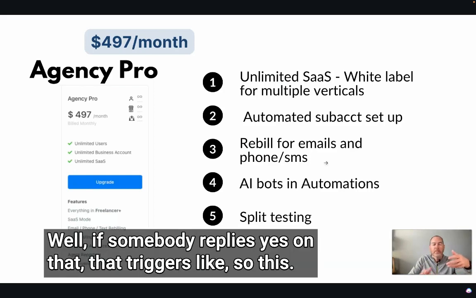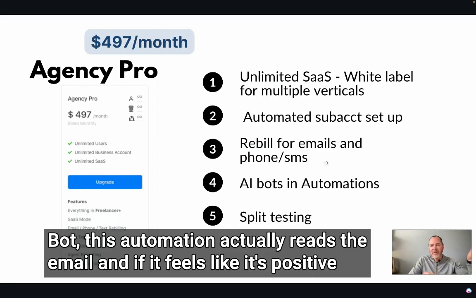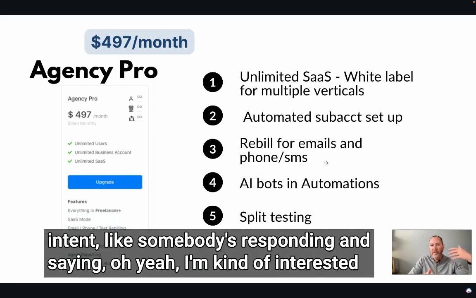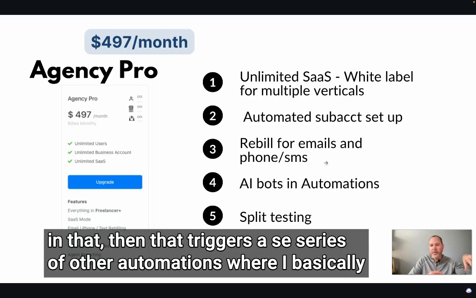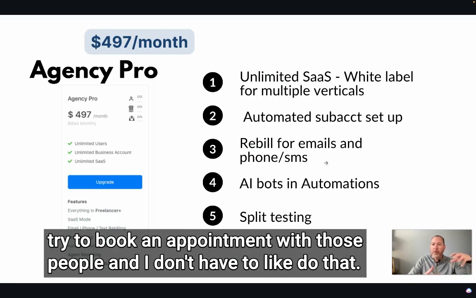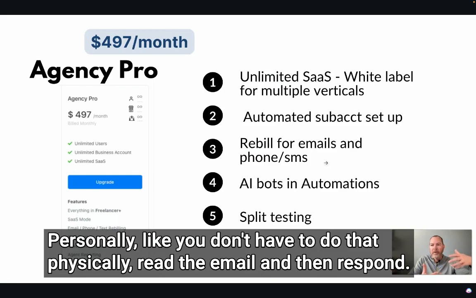Well, if somebody replies yes on that, this bot, this automation, actually reads the email, and if it feels like it's positive intent, like somebody's responding and saying, oh yeah, I'm kind of interested in that, then that triggers a series of other automations where I basically try to book an appointment with those people. And I don't have to do that personally. I don't have to physically read the email and then respond.